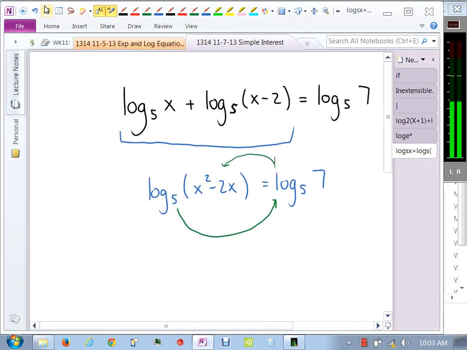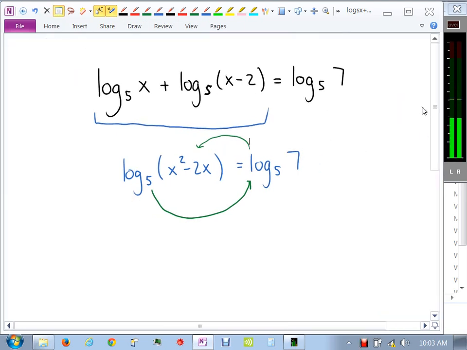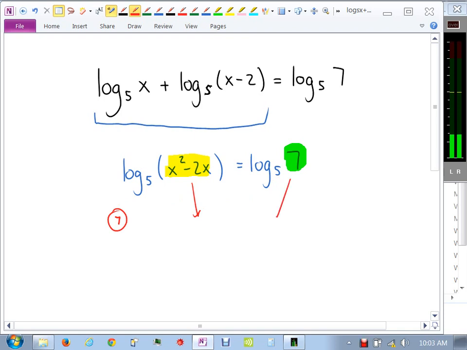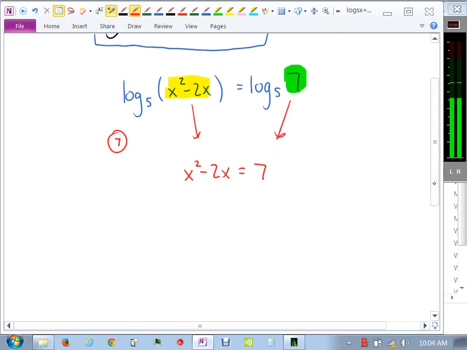All right, so here we go. I'm going to forget the loop, and I'm going to say I have log of something equals log of something else, right? And therefore, by property 7, I just set those two equal to each other. And what type of equation is that? Quadratic. Move everything to one side, and then solve.